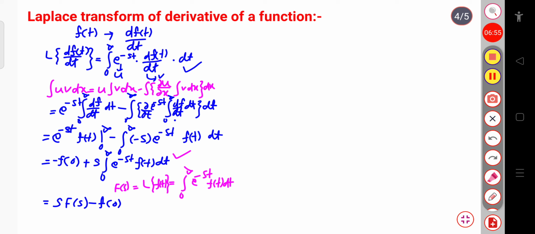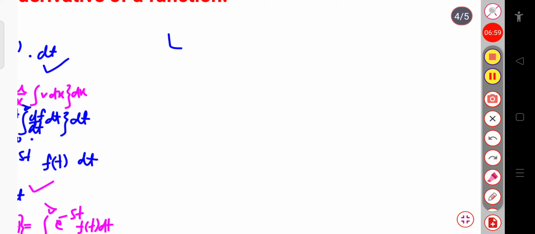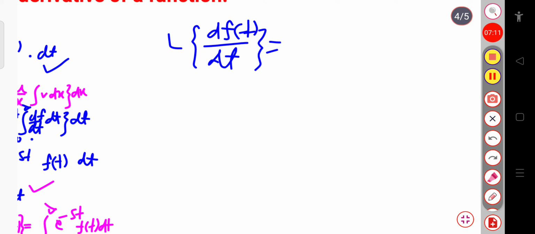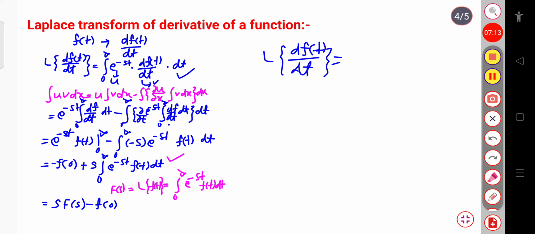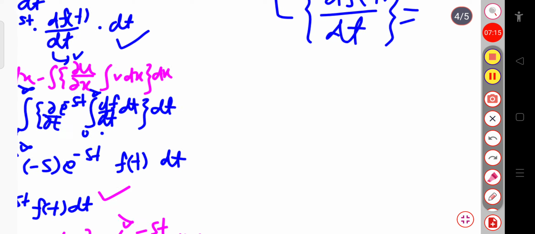Okay. So now I can write the Laplace transform of df by dt, where f is a function of t, so df of t divided by dt. This is equal to s into F of s minus f of 0.